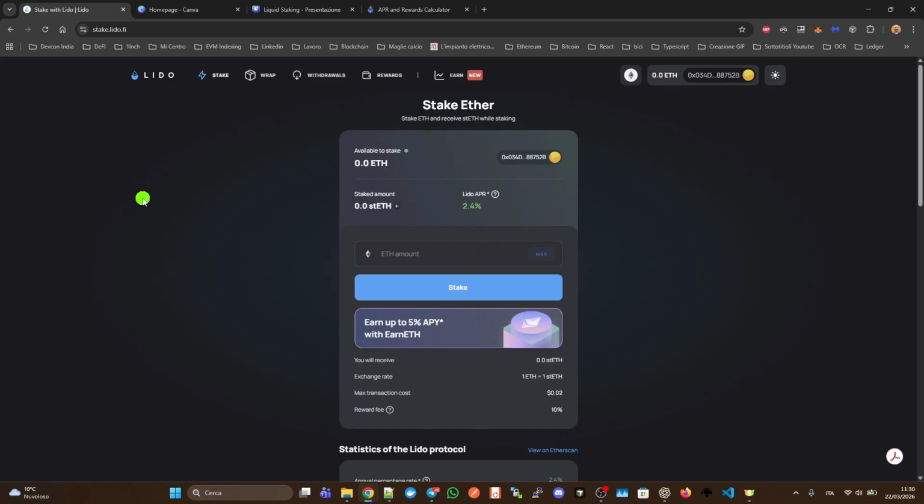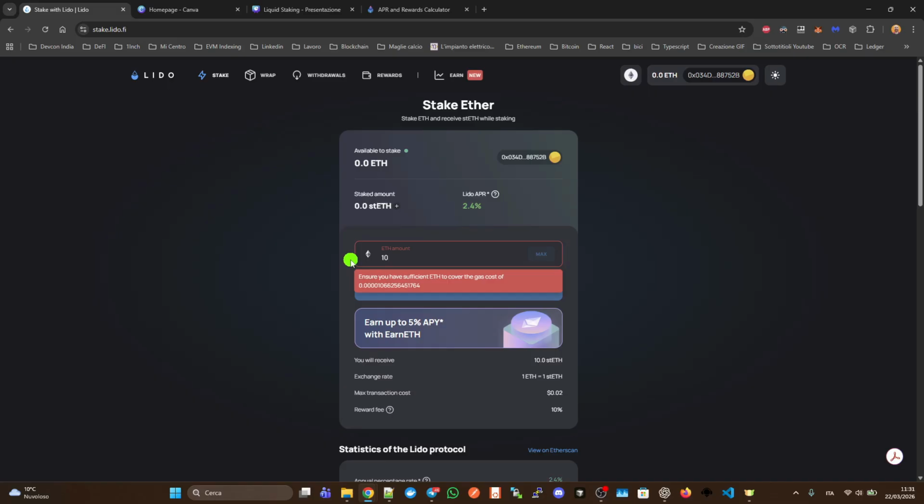For this tutorial, I would pay a huge amount, like $5 or more, for a demo, and it is not very good to do it. So let's say, for example, I want to stake 10 Ethereum. Also, be sure to use this protocol only if you have a substantial amount of Ethereum, like 1 ETH or more, because it is not worth paying, let's say, $30 to stake a low amount of Ethereum.